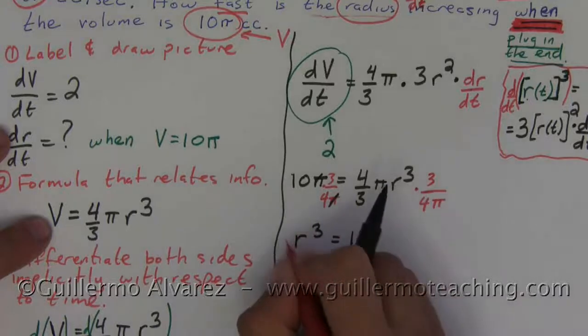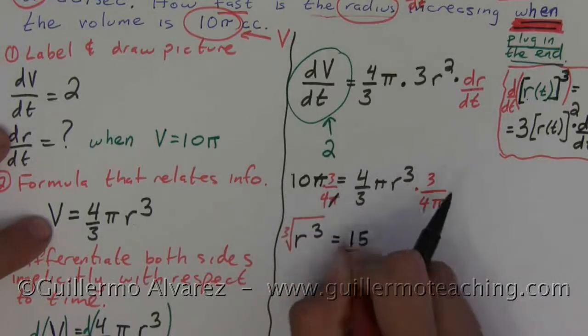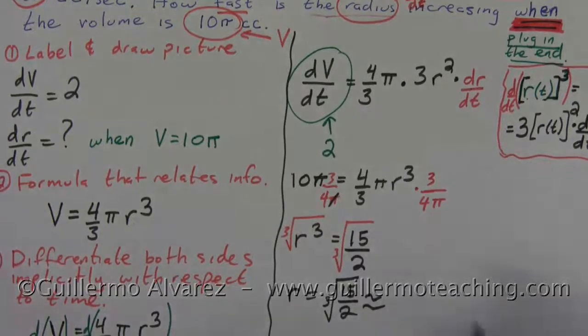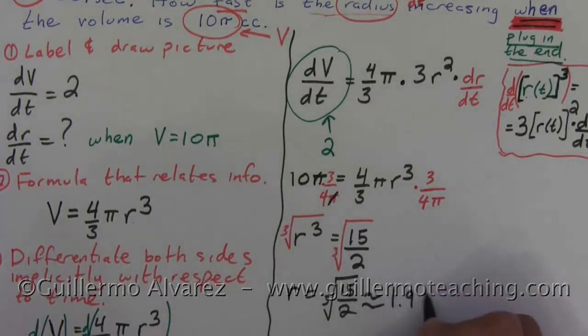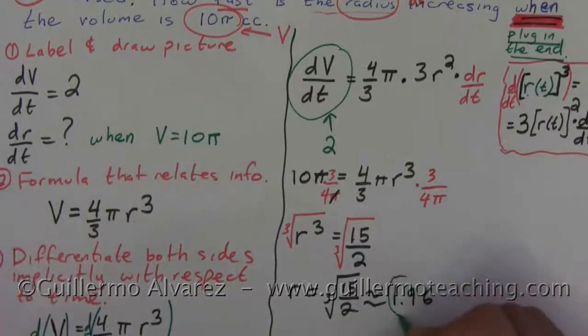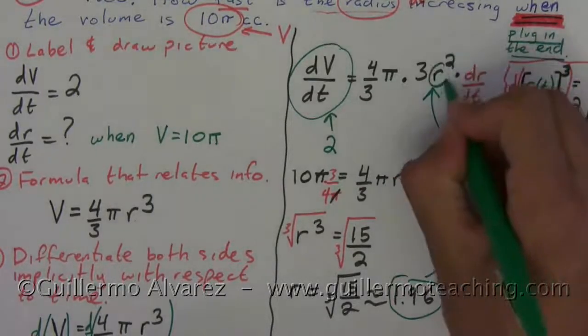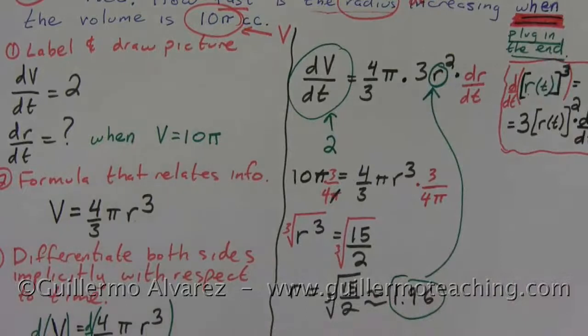And so the radius is equal to the cube root of 15 over 2, which is approximately 1.96. And we can grab this now and plug it into the radius here.